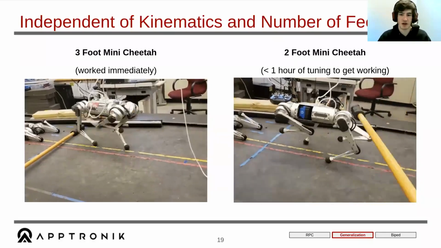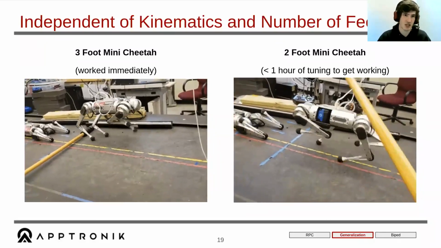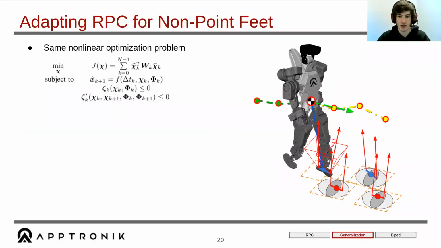So then, extending from the point feet of Mini Cheetah, how do we adapt it for something that has plane feet? It turns out it's also very simple, as long as the problem is managed correctly. As far as the optimization, it's the exact same nonlinear optimization.